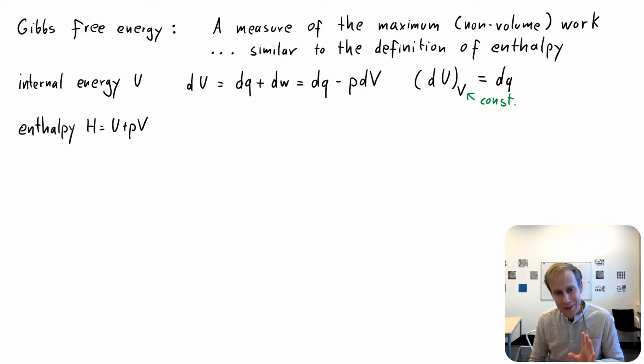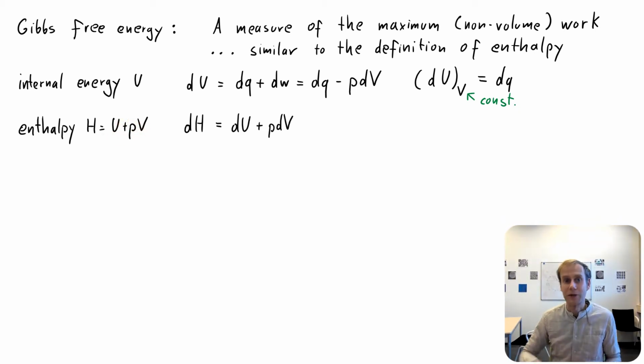Okay, so to calculate a change of the enthalpy H, dH, we apply the infinitesimal on U and PV, so dU plus d(PV), and d(PV) can be expressed with the product rule via pdV plus Vdp, right? Okay, so now we can express dU with the first law of thermodynamics, dq minus pdV, which I'm doing here, right?